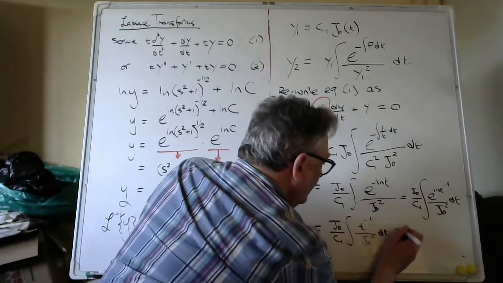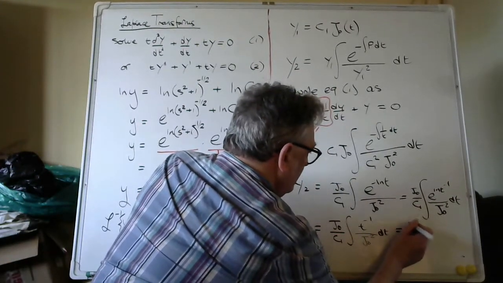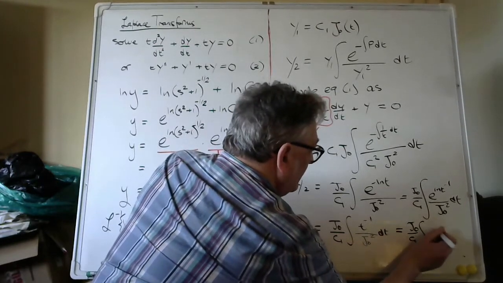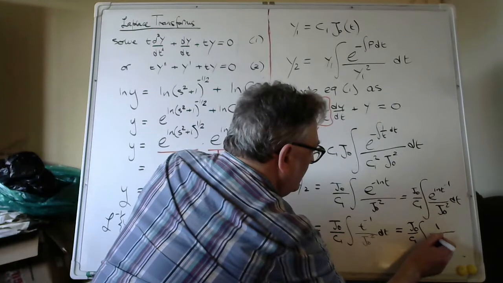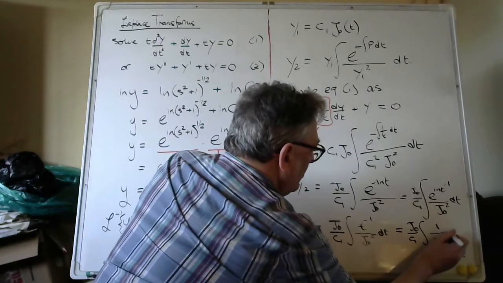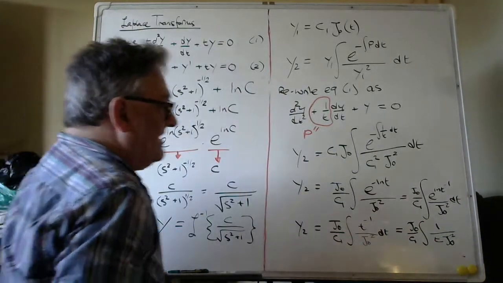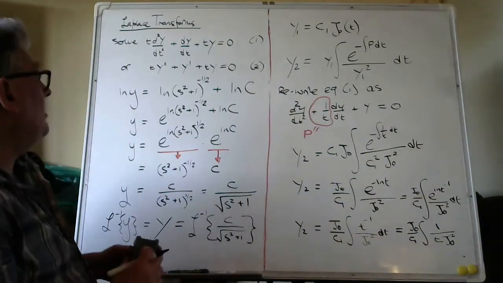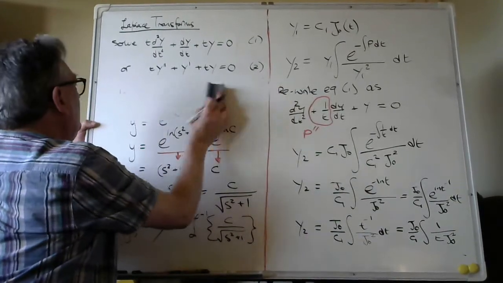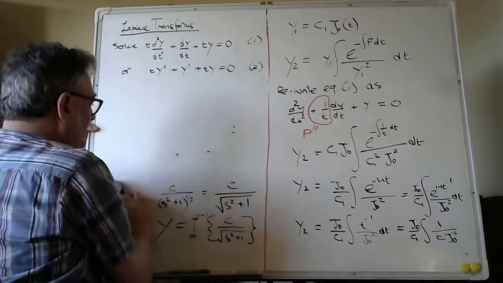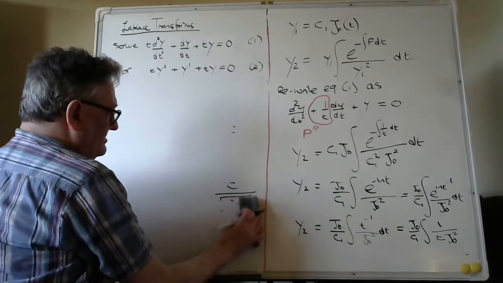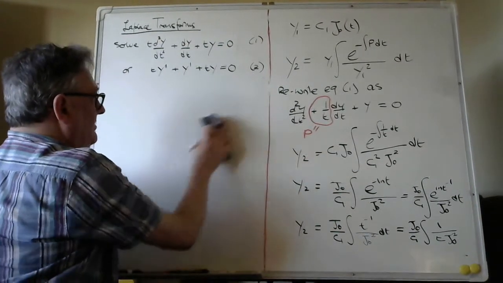You could rewrite this as j naught over c1 times the integral of 1 over t j naught squared. But unless you start using further complicated mathematics, you won't find it very easy to do that integral.